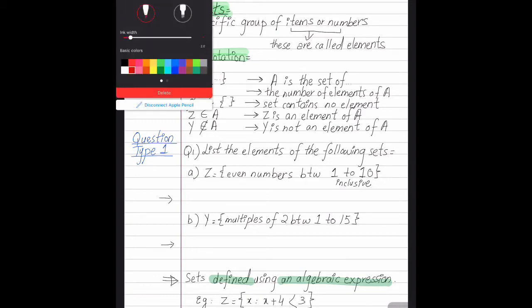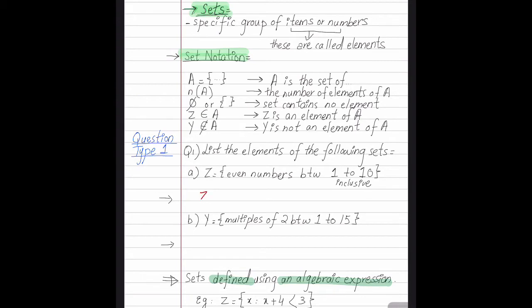Yeah, let's go with red. Okay, so Z, they're even numbers, right? So even numbers start with 2. Okay, 4, 6, 8 and 10, as it's inclusive, so we will also be including 10.